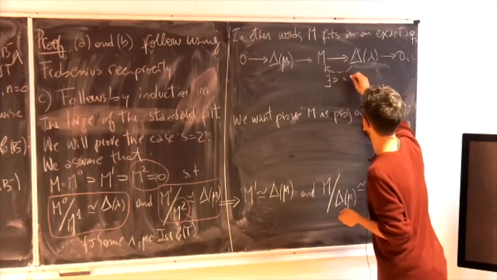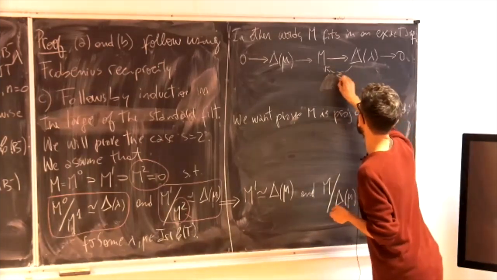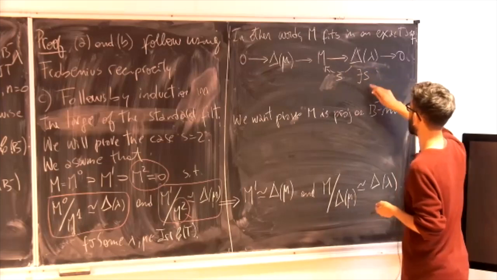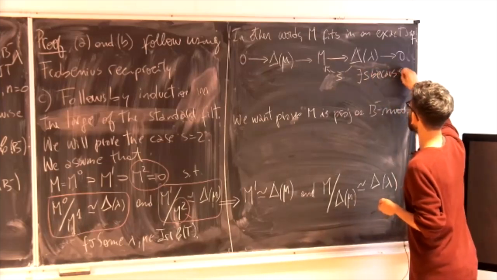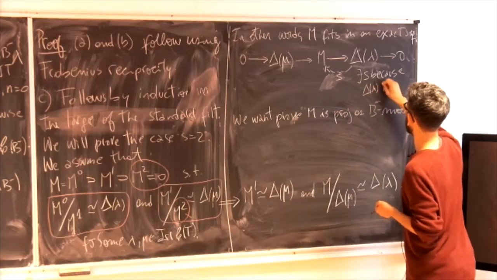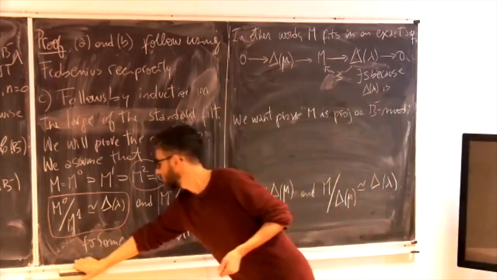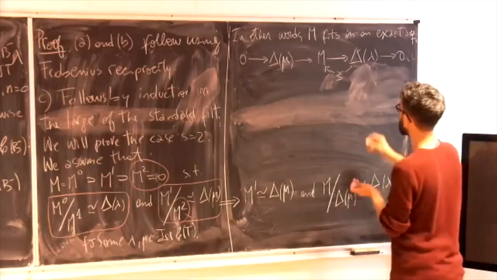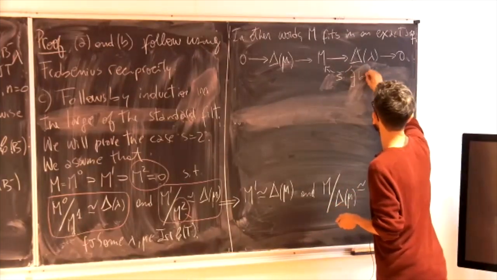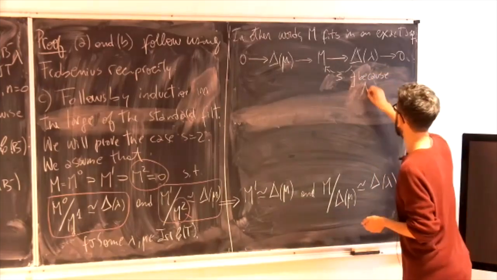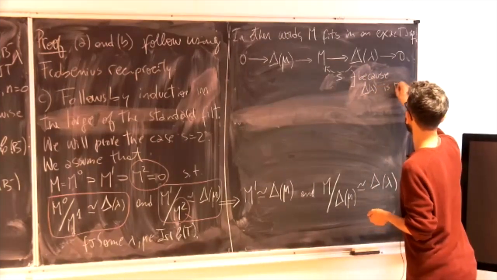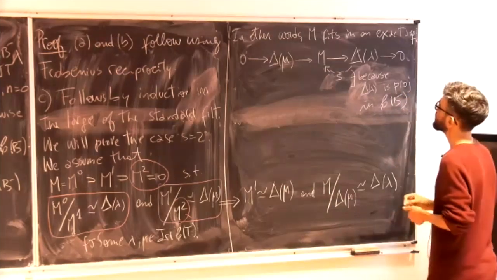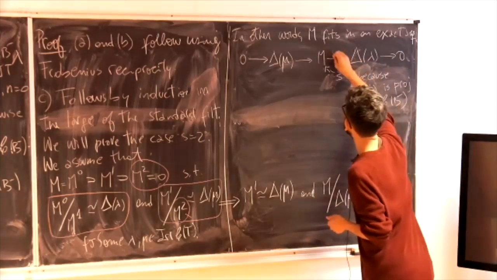So I will call this map P, and the section S. This map exists because delta lambda is projective in the category of B-minus modules.